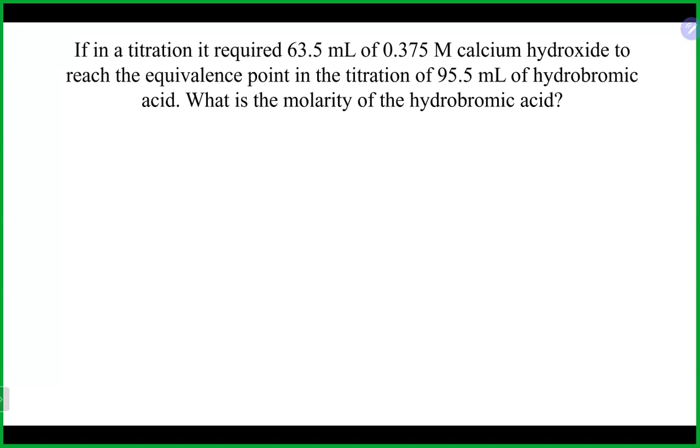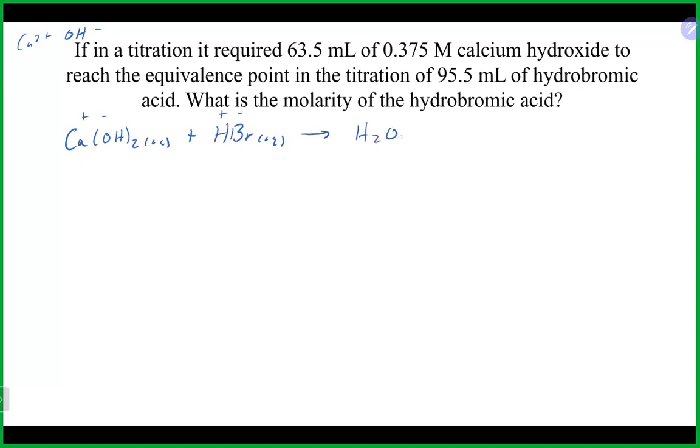All right, so let's take a look. Once again here, we're going to have to start with an equation. So calcium is +2, hydroxide is -1. So calcium hydroxide should be Ca(OH)2. Going to react with hydrobromic acid, that is HBr. Once again, this is an acid-base reaction, so pretty safe bet you're going to get water in our double displacement here.